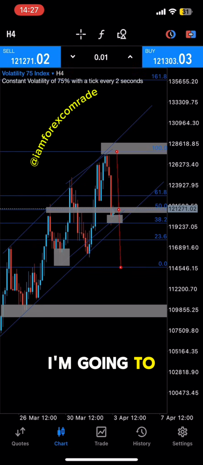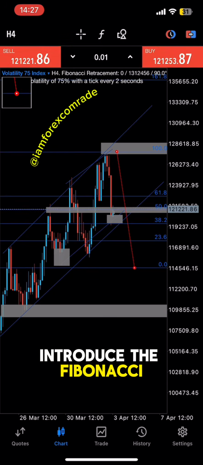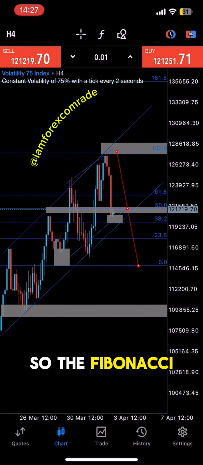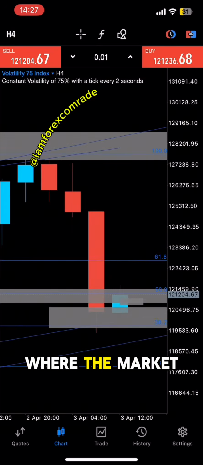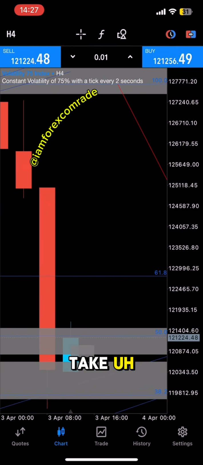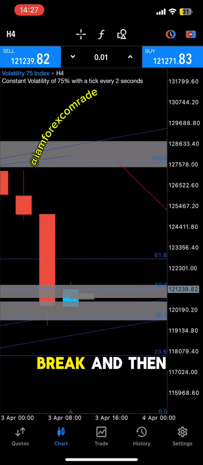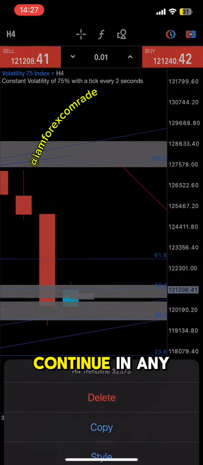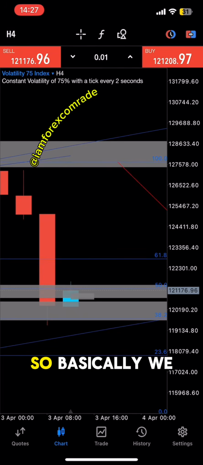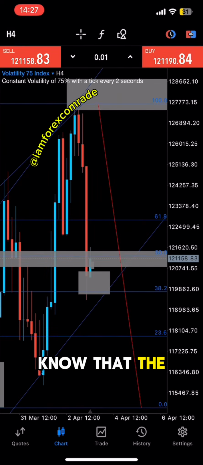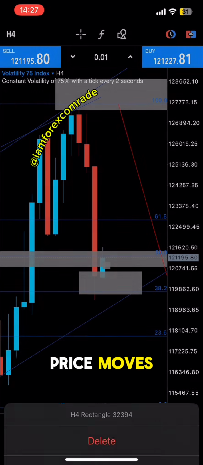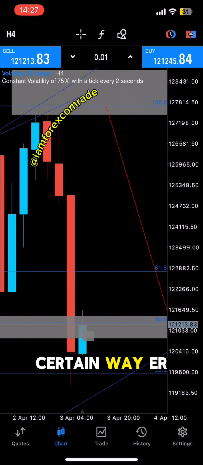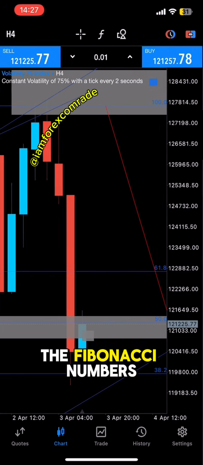Anyway, I'm going to introduce the Fibonacci retracement. So the Fibonacci can help us understand where the market is going to take some break and then continue in any direction. So basically, we know that the price moves in a certain way whereby it follows the Fibonacci numbers.